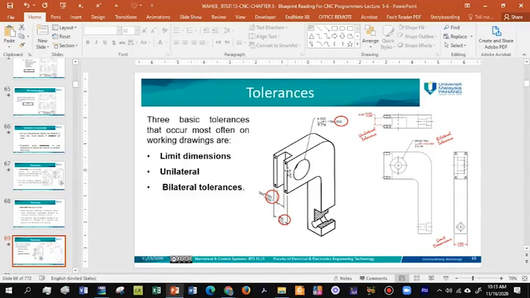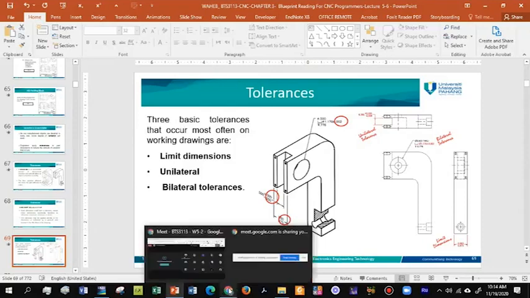So the first type of tolerance they call limit dimensions, the second unilateral, and the third is bilateral. For the limit dimensions, they need to define values which give the maximum and minimum value for these dimensions.